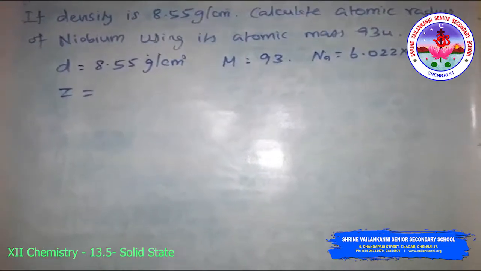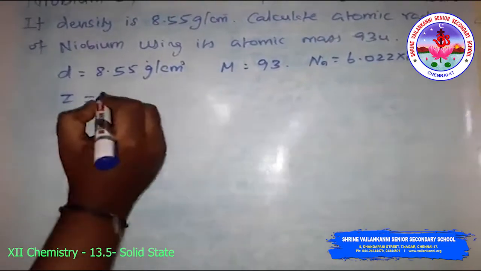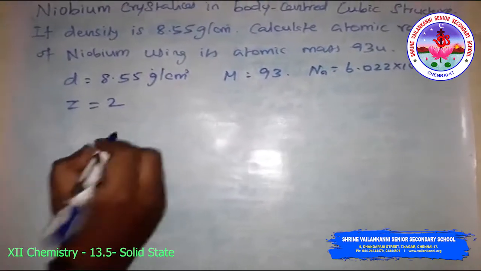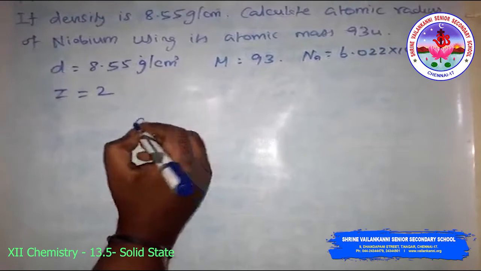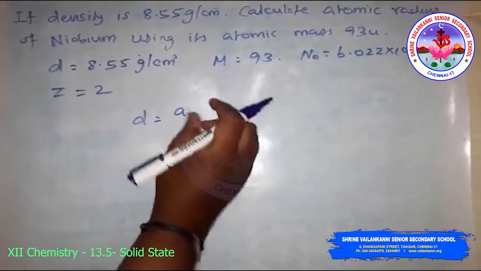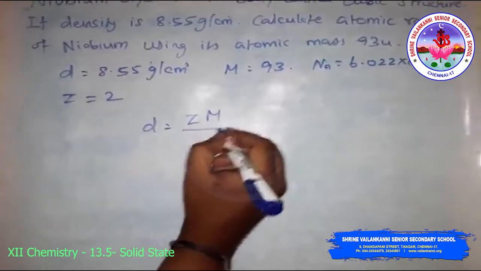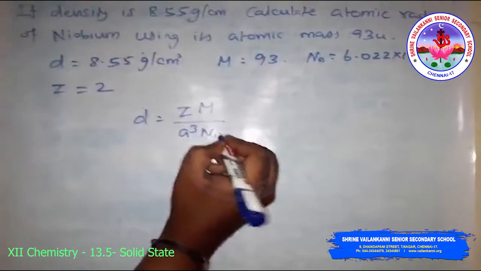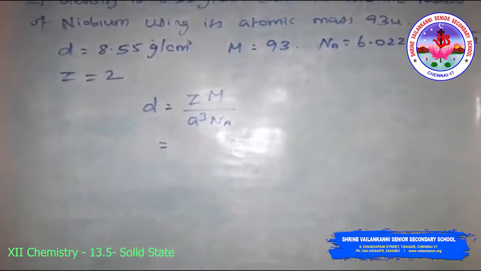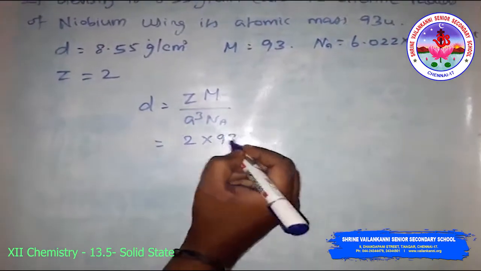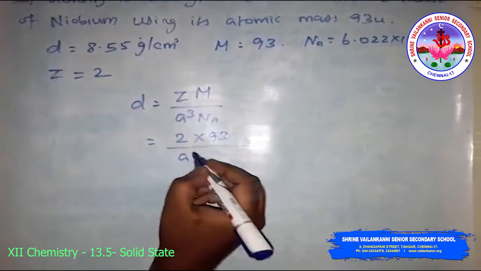BCC, the number of atoms per unit cell for BCC is 2. So using 2, applying the relation, you can get it. The formula is D is equal to Z into M divided by A cube into Na. Now apply this relation. Z is 2, mass is 93, and A cube you have to find out.